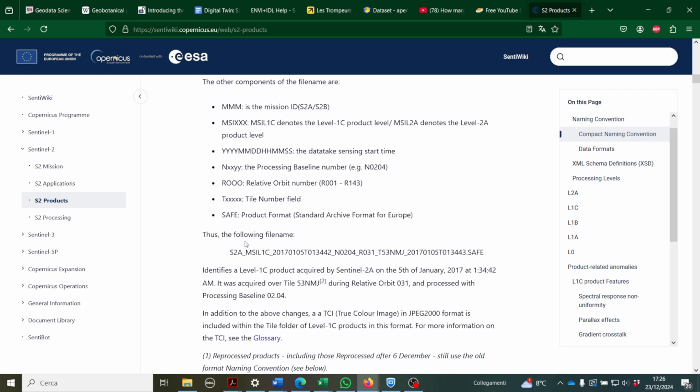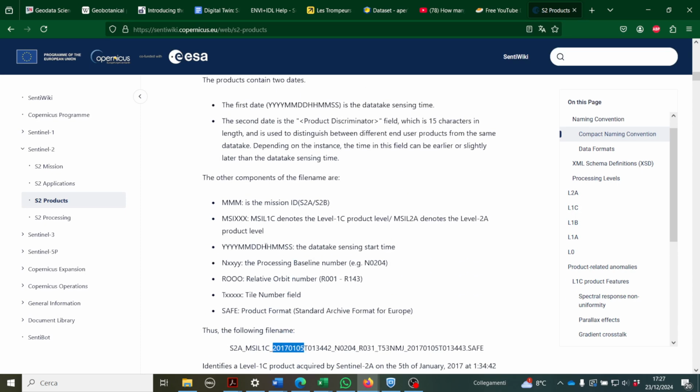For example, this file name represents data acquired by the platform Sentinel-2A with the sensor MSI at correction level 1C, and the acquisition was done on the 5th of January 2017 at this particular local time.